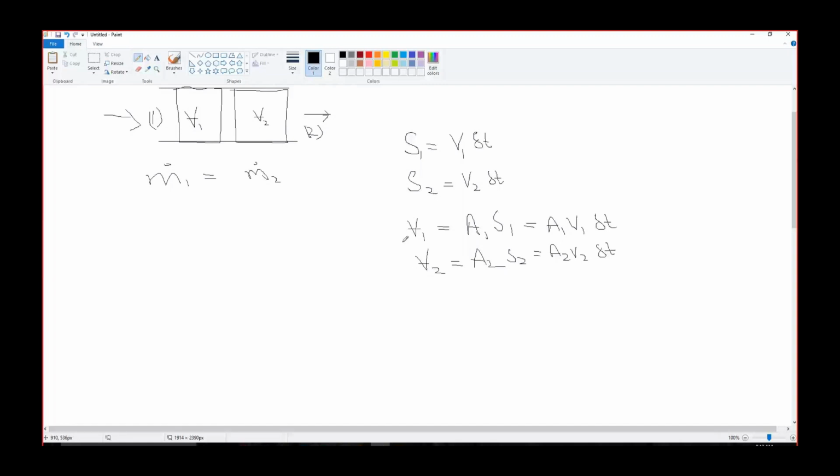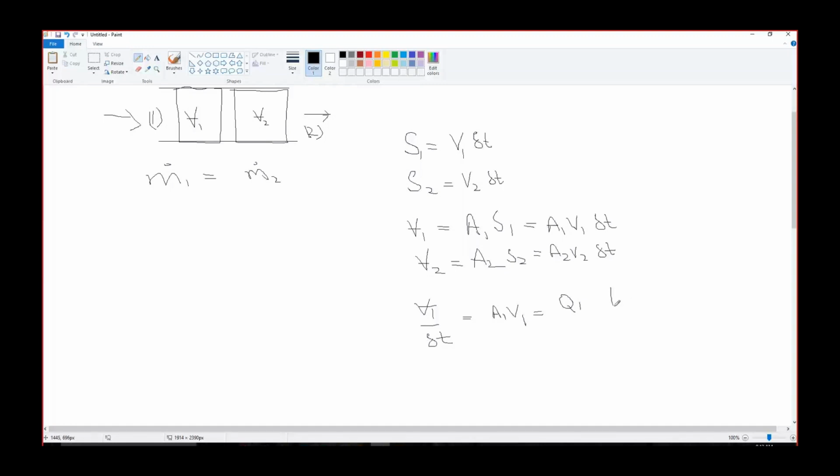Now if I divide V1 by delta T, it would be equal to A1 V1, and this we write as Q1, which is basically the volume flow rate.